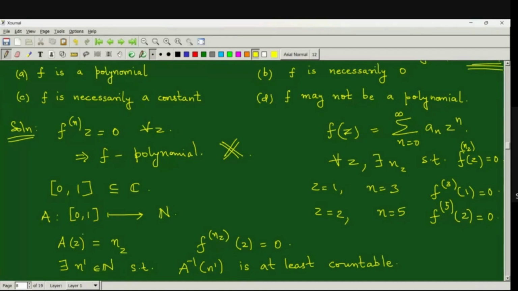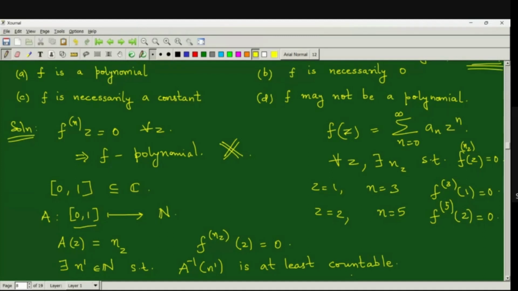But a countable union of finite sets is countable. So it is not going to cover the entire [0, 1]. So this means there is at least one natural number n' whose inverse image is going to be at least countable. This you understood?